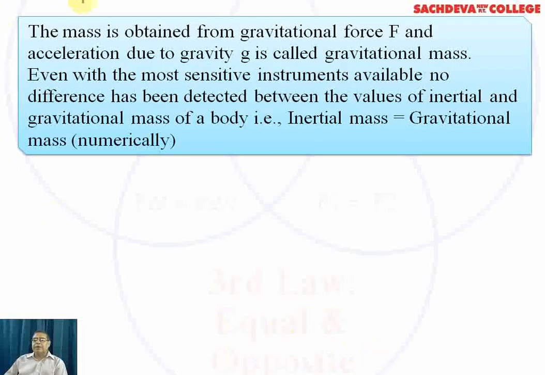The mass obtained from the gravitational force F and the acceleration due to gravity g is called gravitational mass. Even with the most sensitive instruments available, no difference has been detected between the values of the inertial and gravitational masses. So they are numerically the same. Inertial mass is equal to gravitational mass numerically.